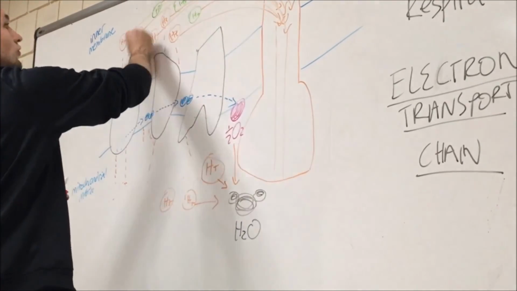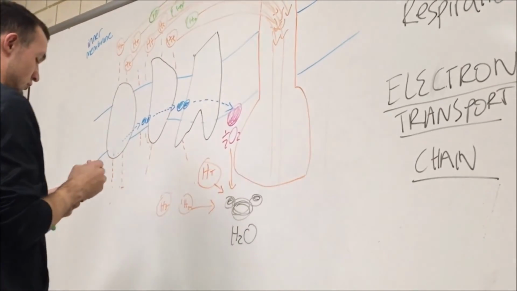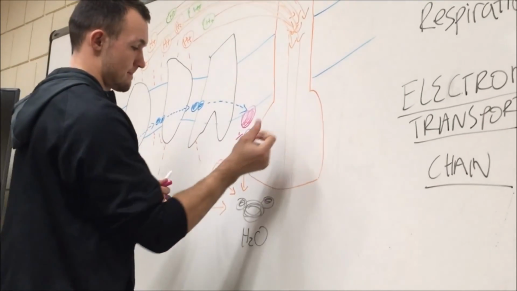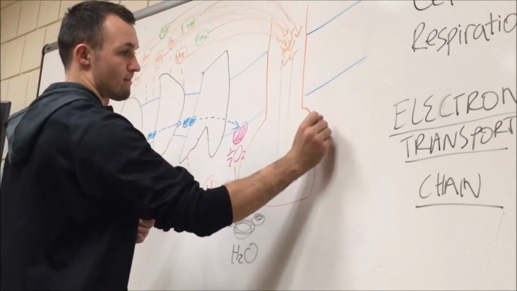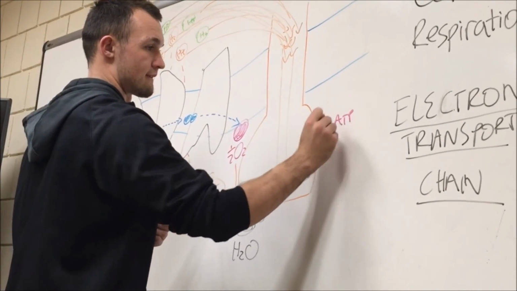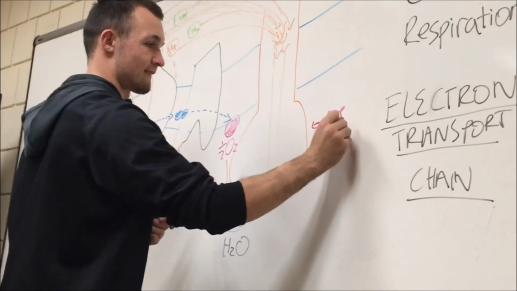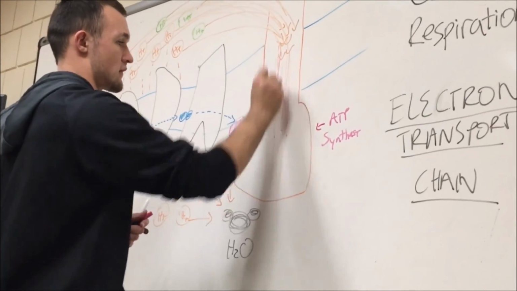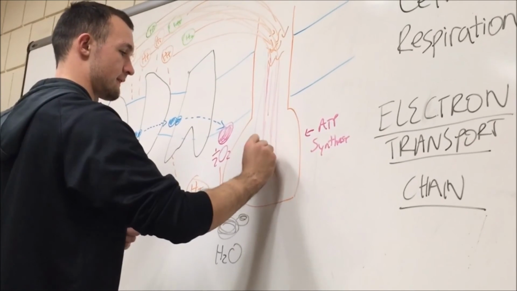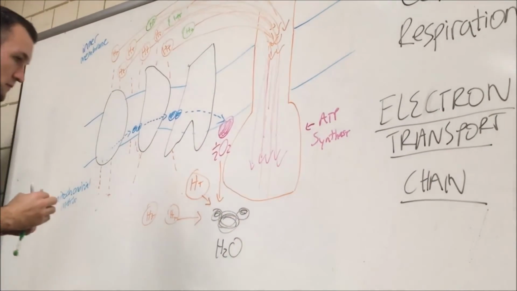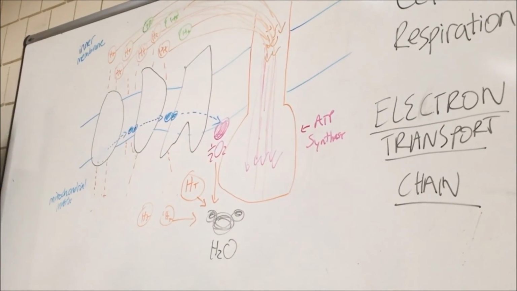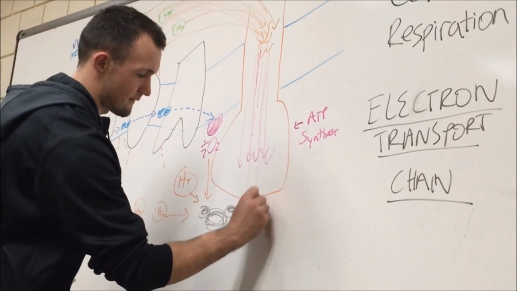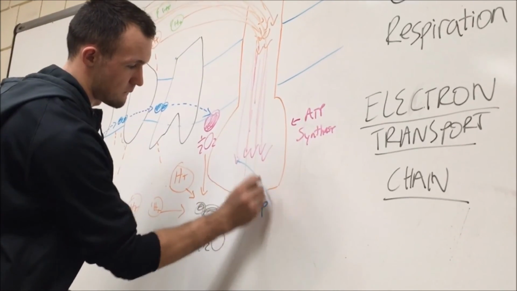The cristae of the mitochondria contain an ATP synthase complex that allows hydrogen to return to the matrix. The flow of hydrogen through the ATP synthase complex brings about a conformational change, which causes the enzyme ATP synthase to synthesize ATP from ADP plus P. The ATP leaves the matrix by way of the channel protein. This ATP remains in the cell and is used for cellular work.